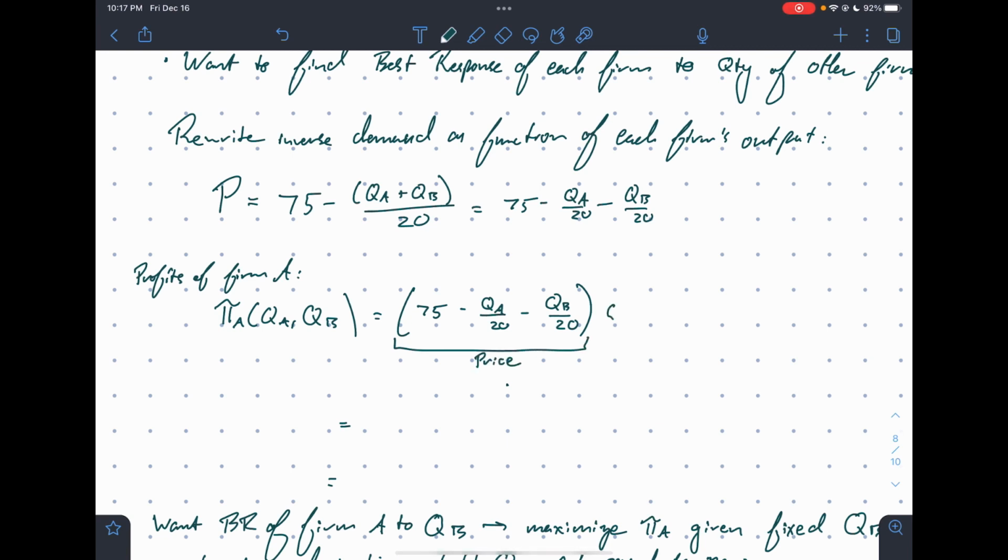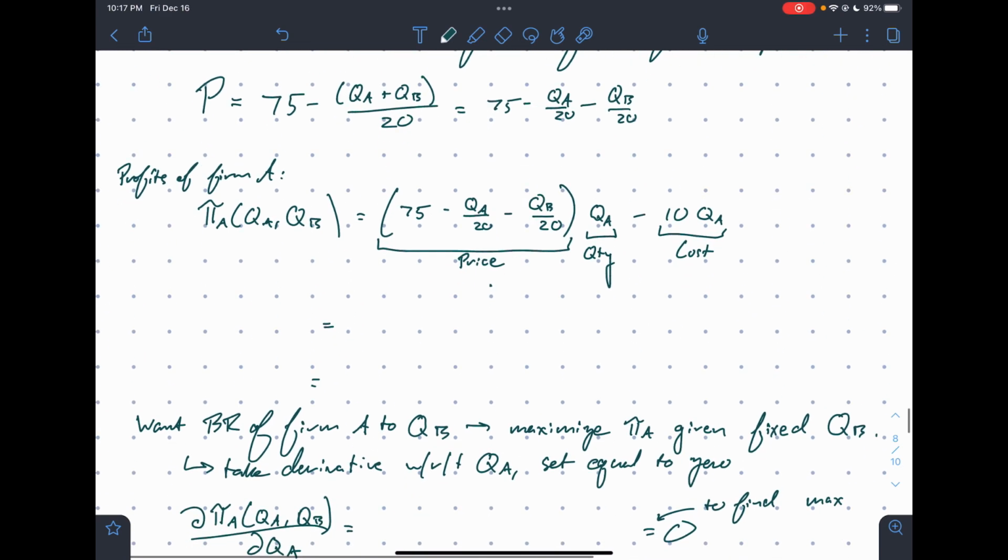Then we're going to multiply this by the quantity that A produces. This is their quantity. And finally, we're going to subtract off their cost of 10 QA. Okay, so I'm going to write this out in a simpler form.